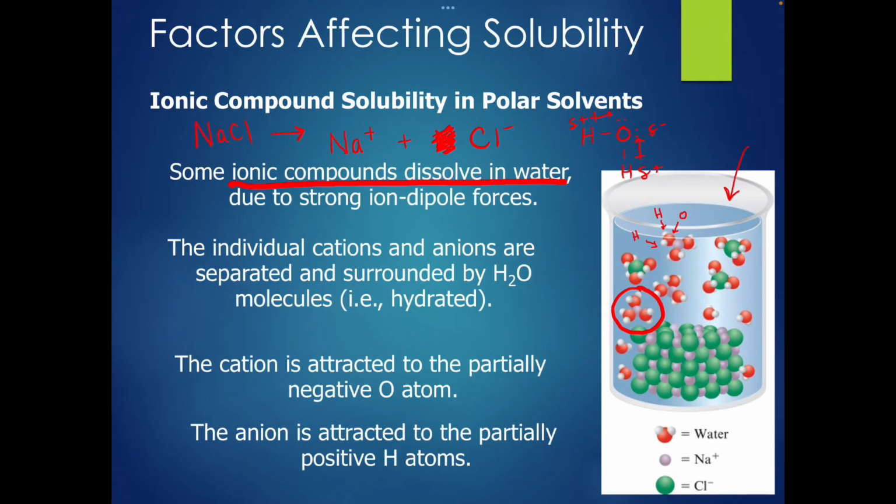When we have sodium, which is positively charged right there, do you see that all of the water molecules have oriented themselves so that their partial negative oxygens are facing that positive charge? Similarly, in this group of water molecules, do you see that the chlorine in the middle is negatively charged, and the water molecules have oriented themselves so the partial positive hydrogens are facing that negative charge?